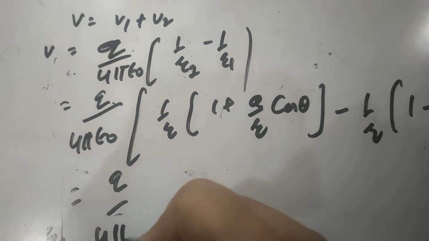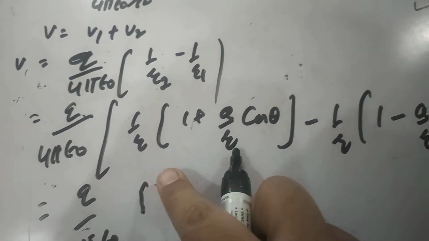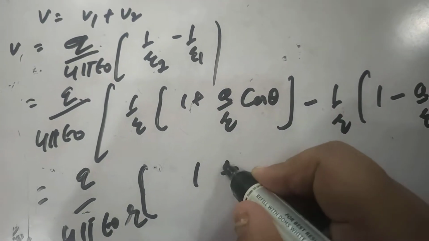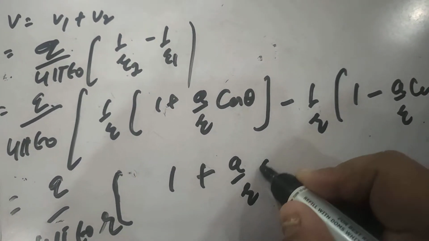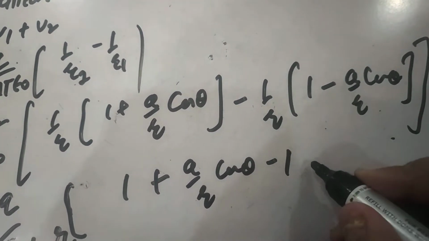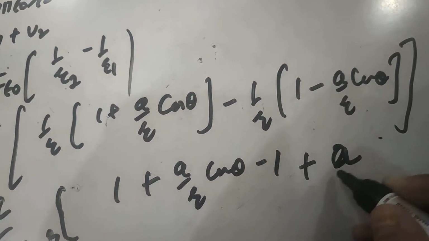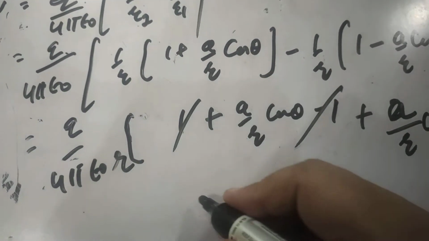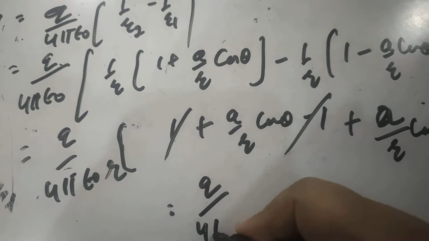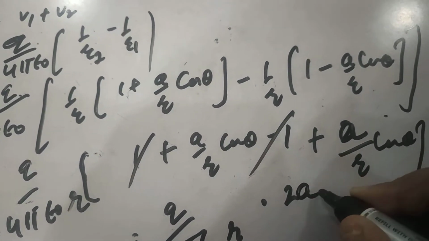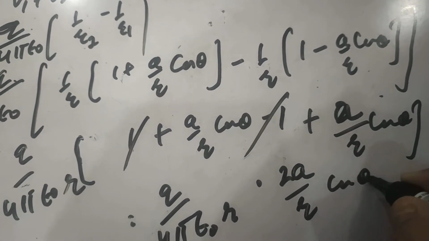q by 4 pi epsilon naught, r we can take out. This becomes 1 plus a by r cos theta minus 1 plus a by r cos theta. So 1 and 1 cancel out, we are left with q by 4 pi epsilon naught r into 2a by r cos theta.